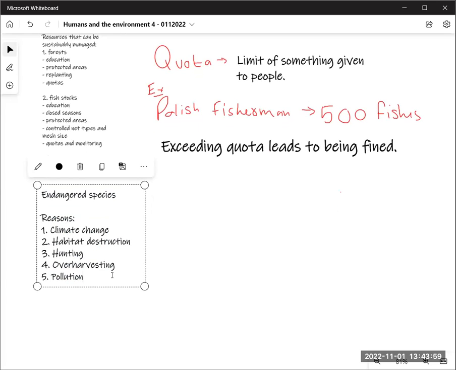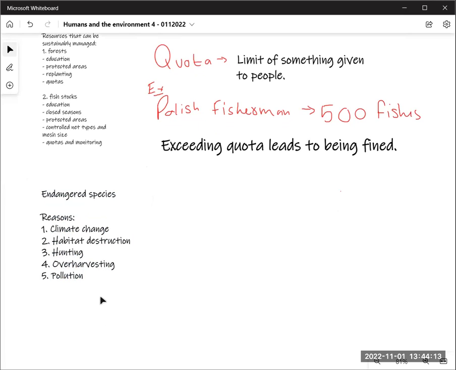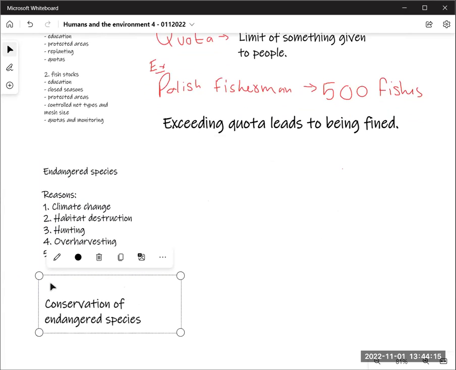Now, how can we conserve endangered species? Conservation. To conserve these, you need a few things.